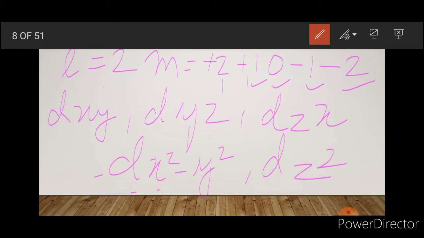So 5 d orbitals are designated as dxy, dyz, dzx, dx square minus y square, and dz square.